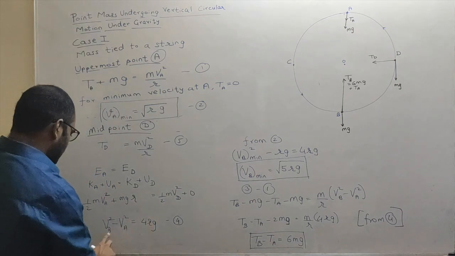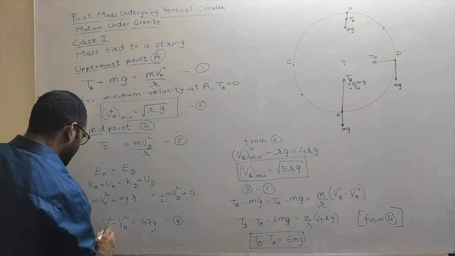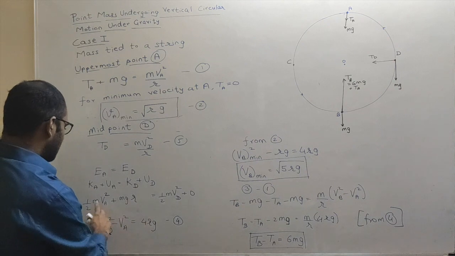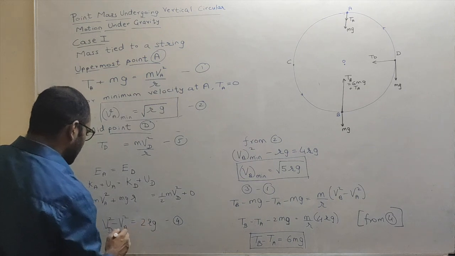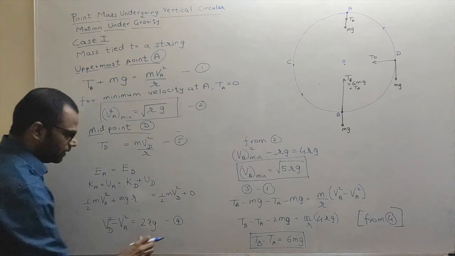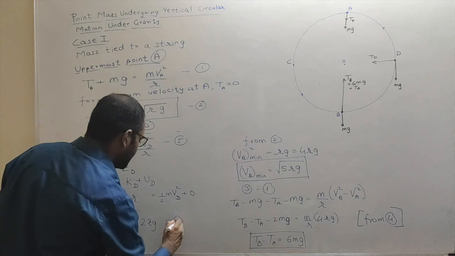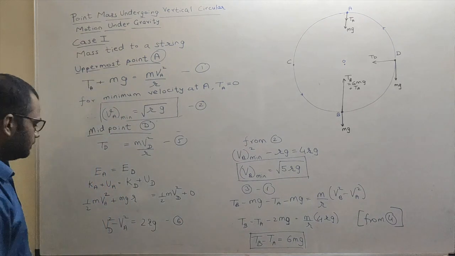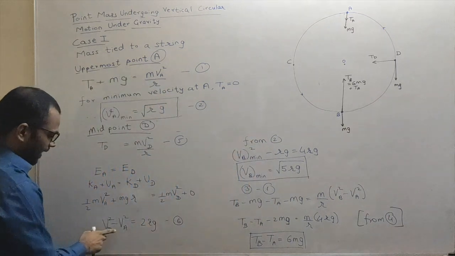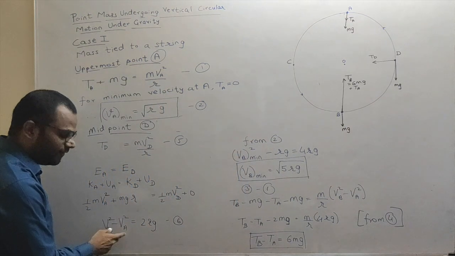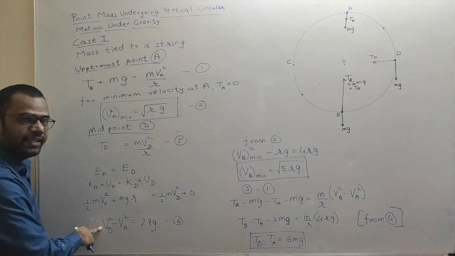Okay. So as you can see, we can get vd square minus va square is equal to 2gr, multiplying throughout by 2. So put this as equation 6. Again from 2, if I put over here instead of VA minimum, I will get the corresponding VD minimum.